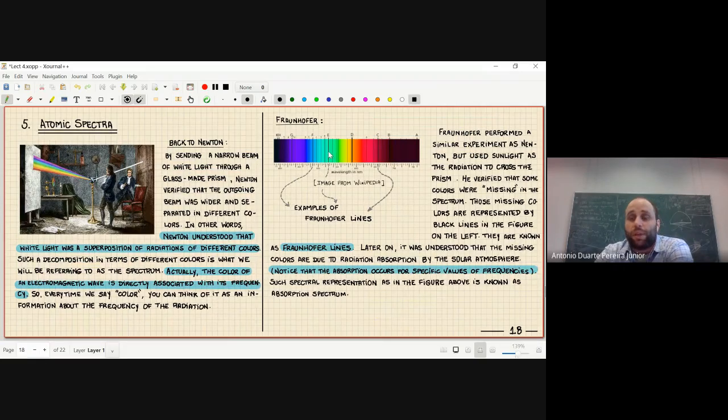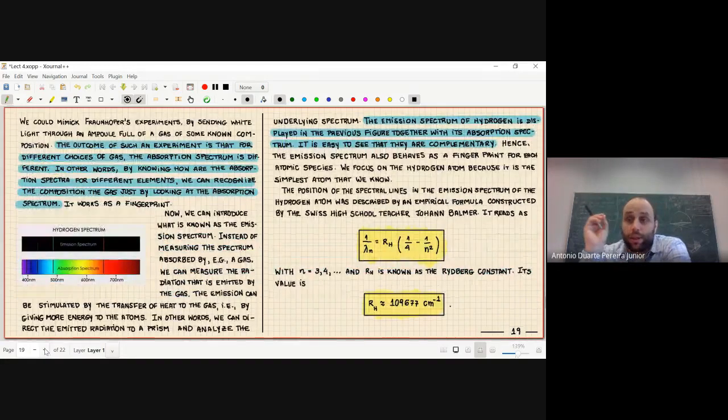What I mean is that you're going to see a spectrum of colors with also some dark lines. And this means that when you pass light through this gas, the atomic species that compose the gas will also absorb some colors from the light ray that you send.